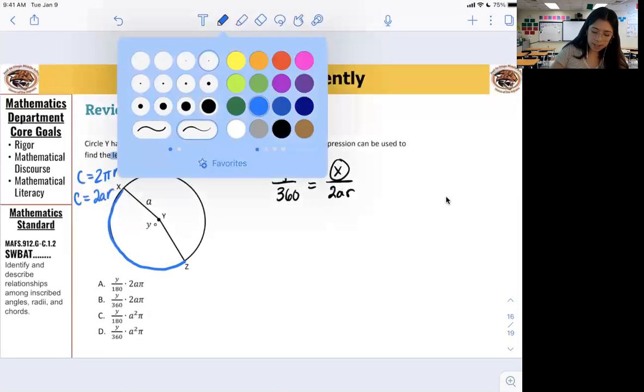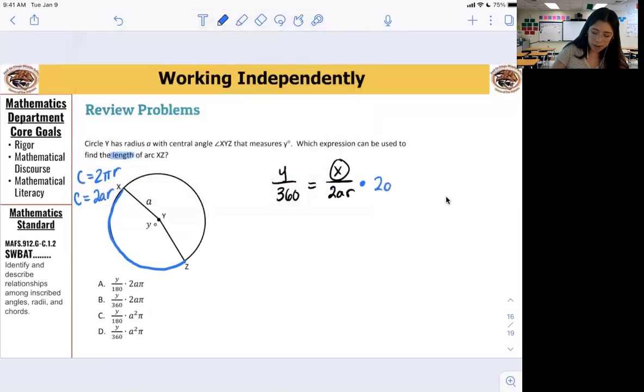The way that they did this is they just took the circumference and multiplied it on both sides, which cancels it out. Or 2a pi, sorry, you're right, 2a pi, not 2ar. There we go, 2a pi.